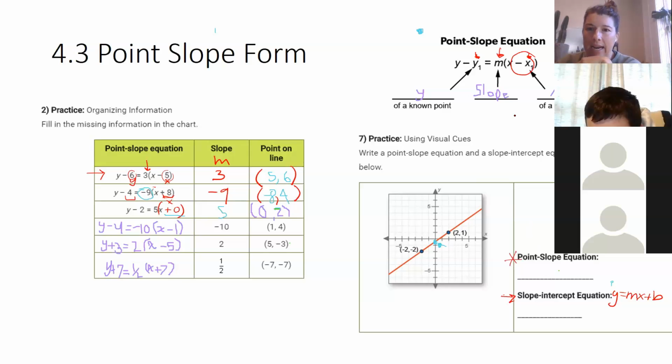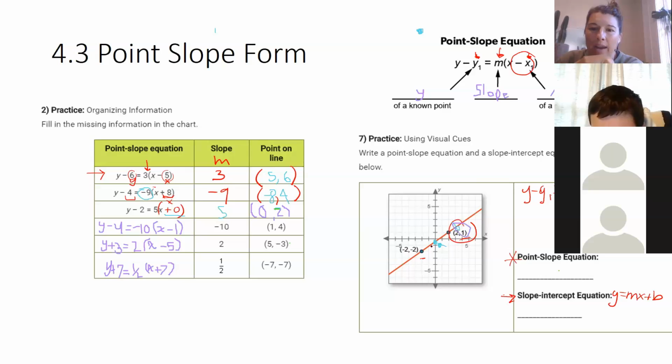So let's go ahead and write it in. So we're going to have y minus y1 equals m times x minus x1. Okay, which coordinate pair do you guys want to use for our graph? It doesn't matter which one. We have two here that are marked. You want to use this one?